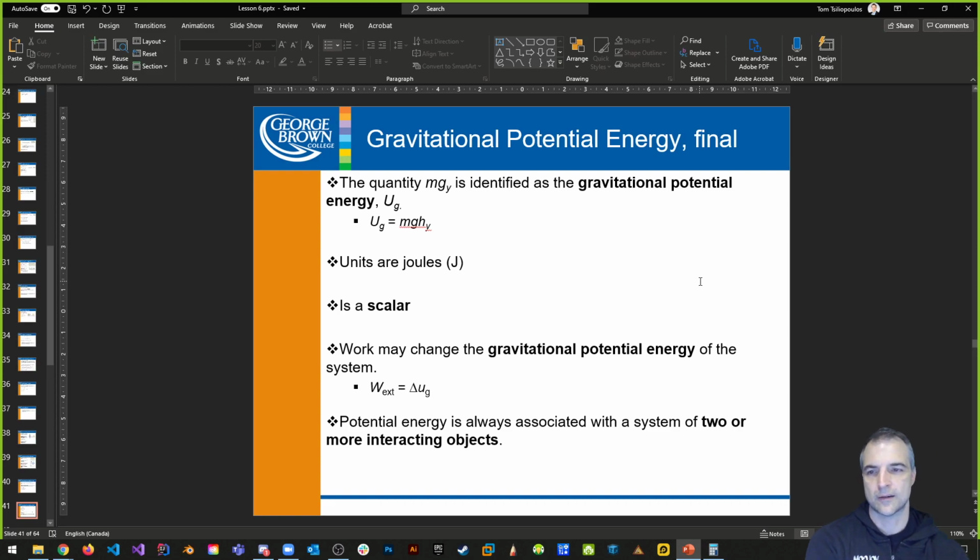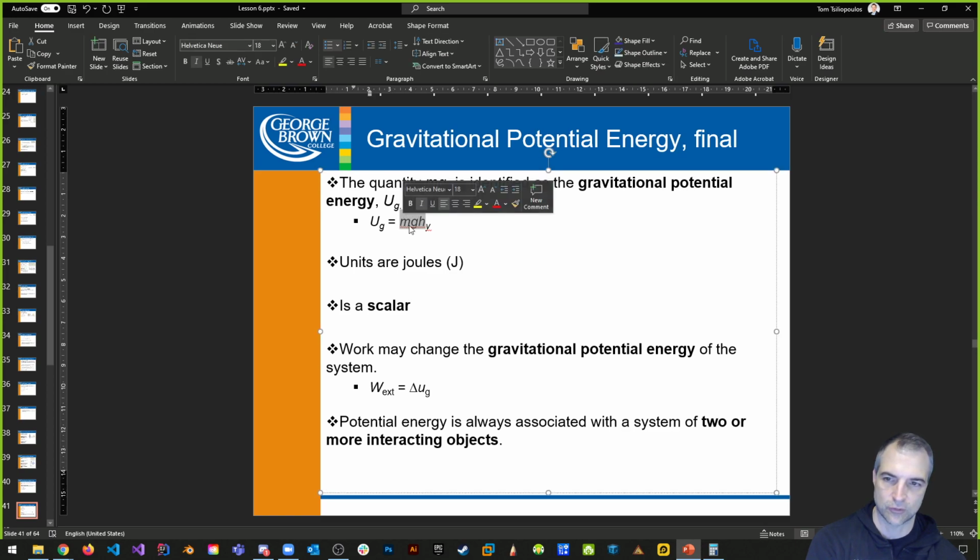So we can say that UG, U meaning gravitational potential energy, is equal to mgy, or mgh, which is a good way of saying it as well. We can just ignore the y-axis. It's mass times gravity times height, the height that I've brought the object towards. Units are in joules again.